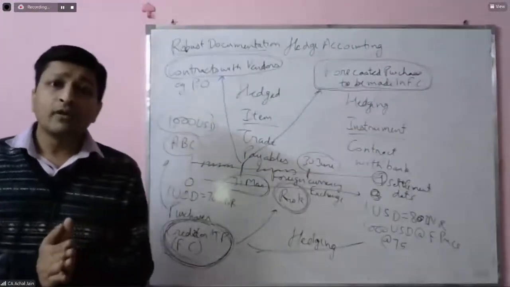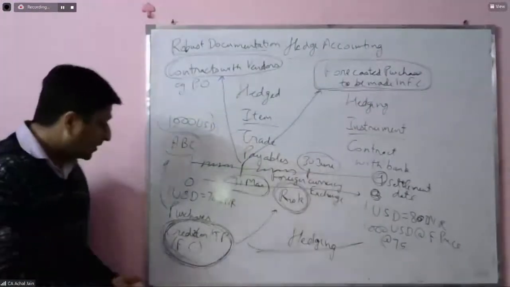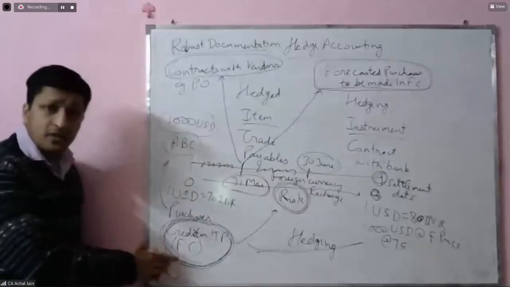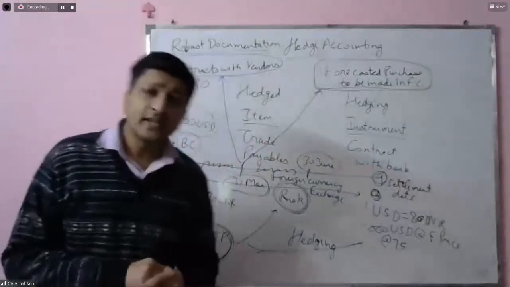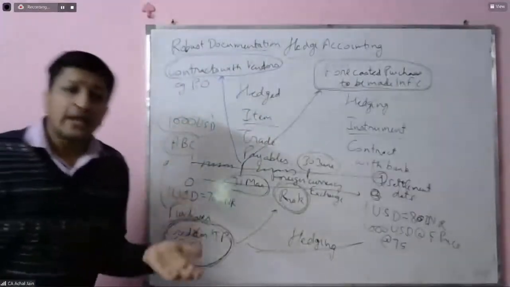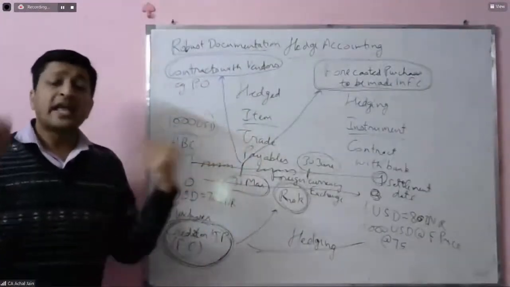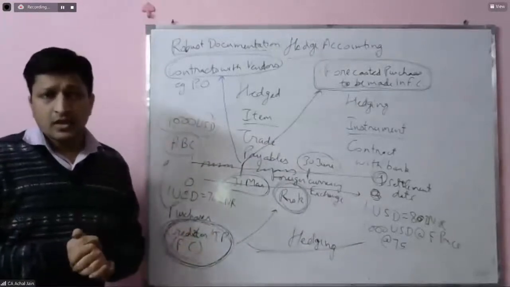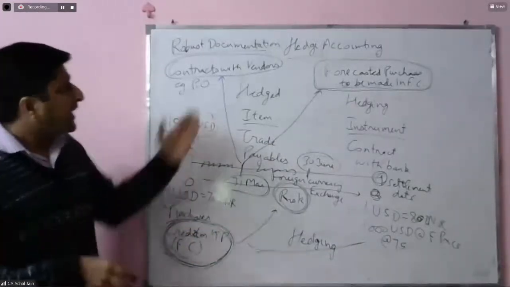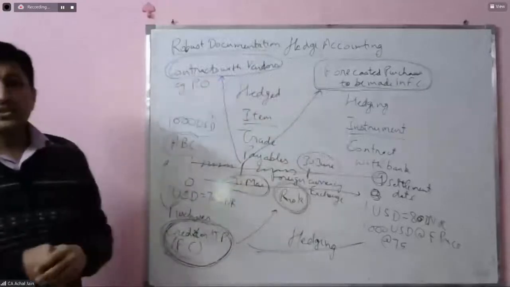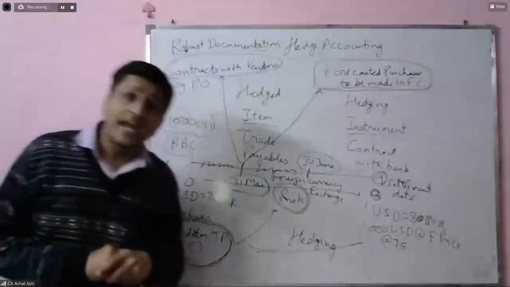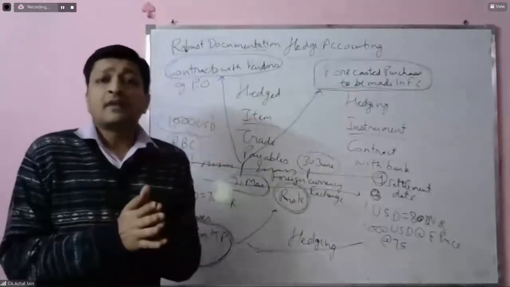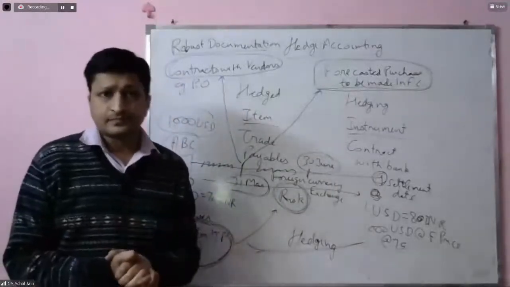So first of all, what do we need to check? We need to check whether the hedged item is recorded in the books or off the books. Secondly, let's think about an entity which is large, which will actually enter into these hedging contracts. They may have all these three types of transactions, and for which they may have a combined contract.